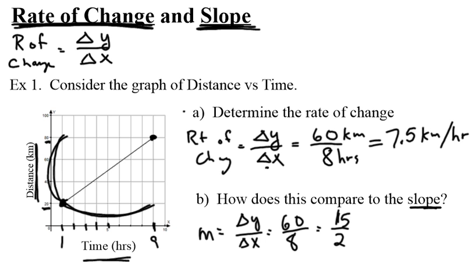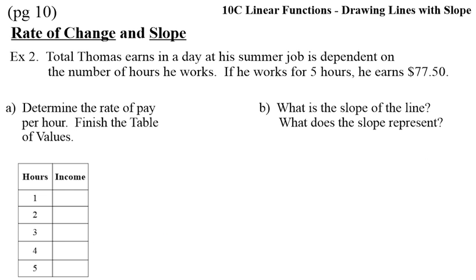Because slope doesn't deal with real-world problems, you would just leave slope as 15 over 2, but rate of change for the situation, whatever it is, something is moving 7.5 kilometers per hour, which is the same as a slope of 15 over 2. Slope, rate of change, same thing.